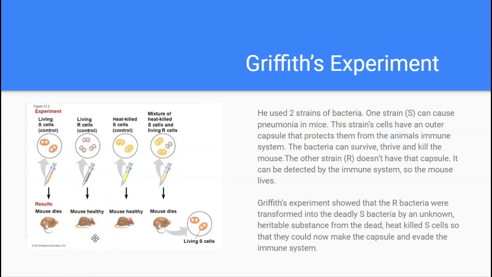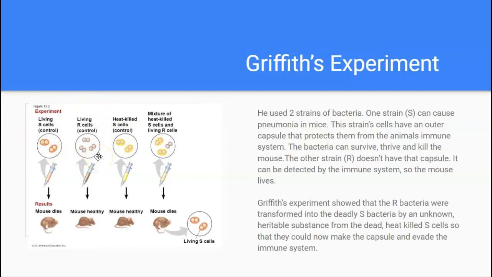Okay, then he also took some of this stuff right here, but he heated it up so it killed the bacteria. So he put dead, smooth bacteria in the mouse. Now, mouse is totally fine because the bacteria was dead. This all makes sense. These were all expected outcomes. Okay, so these were kind of the controls. We knew what was going to happen before it did it, and that's what happened.